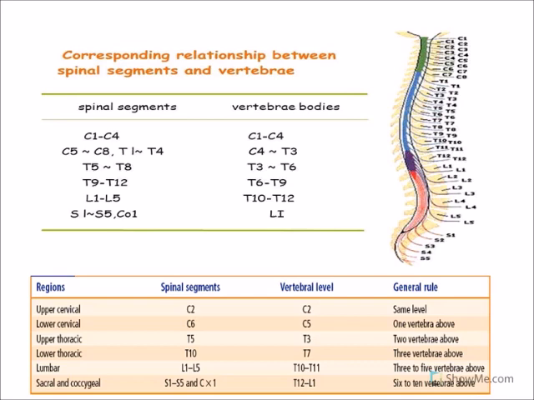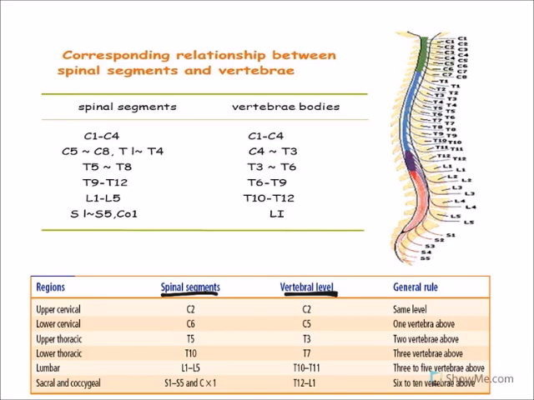Here in this slide, this table enables you to know the level of each segment of the spinal cord compared to the vertebral level. As we said before, the spinal cord terminates at the lower end of the lumbar 1 vertebra.